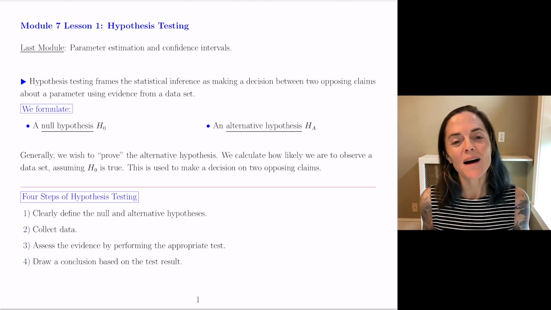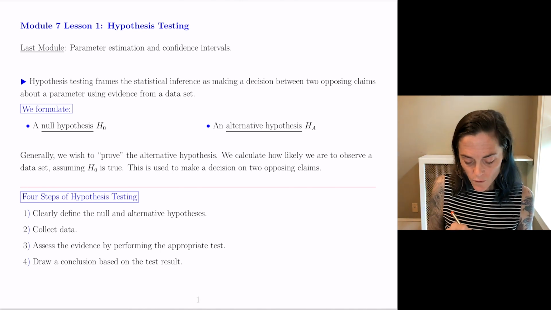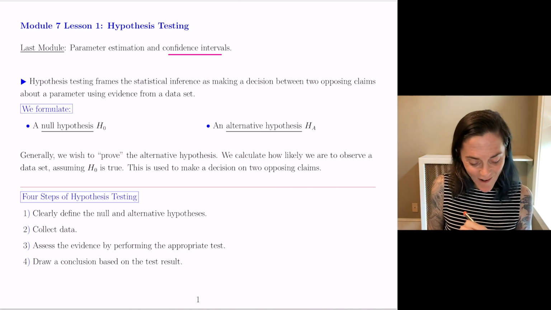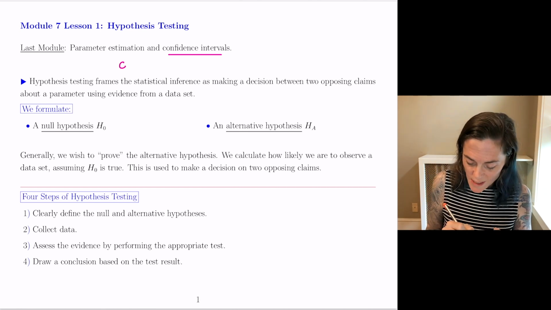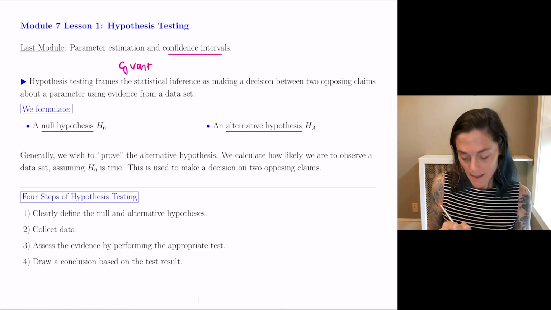So last module, we discussed parameter estimation and confidence intervals. And the confidence intervals quantify the precision of the parameter estimate.